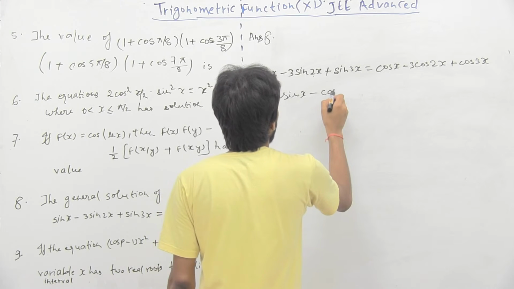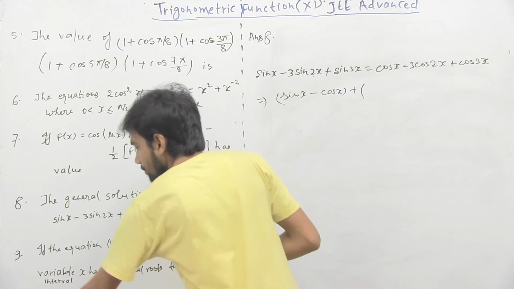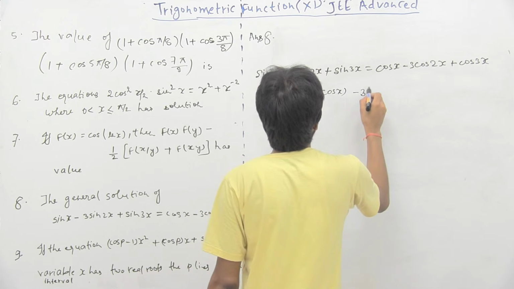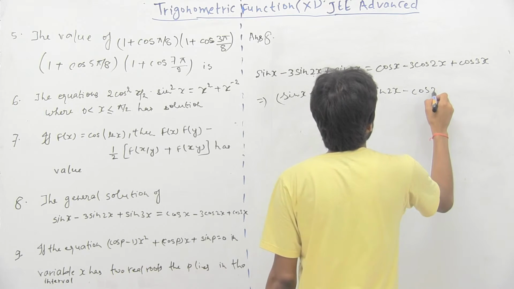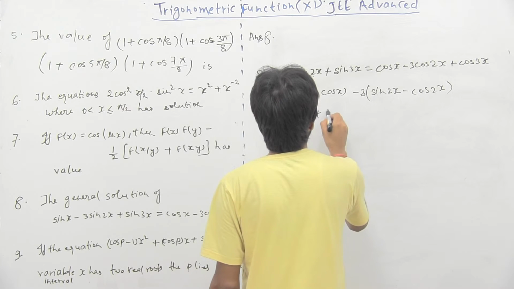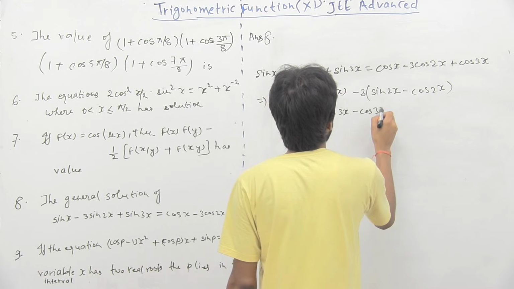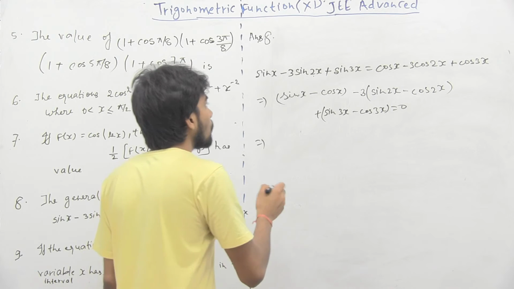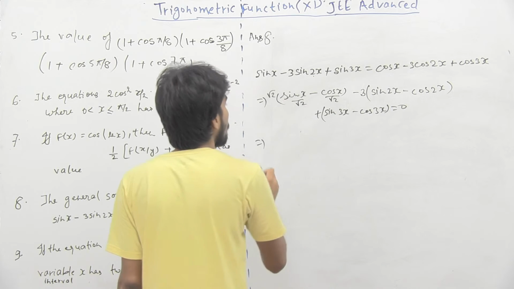Bring cos x this side, and again divide by root 2 and multiply by root 2.